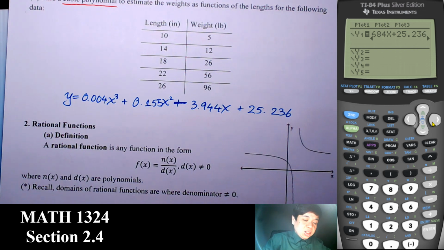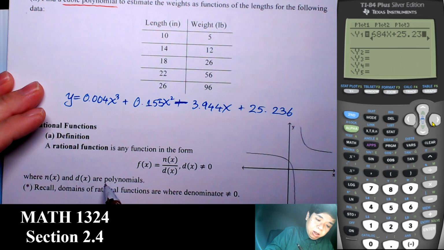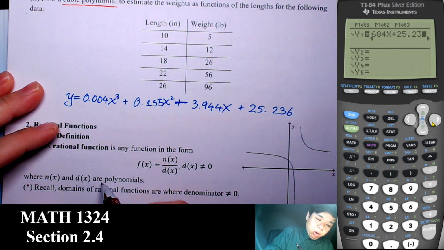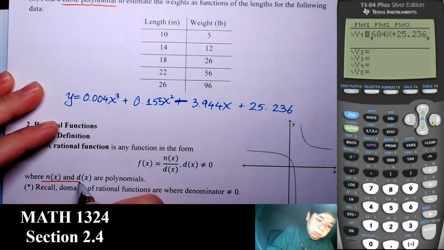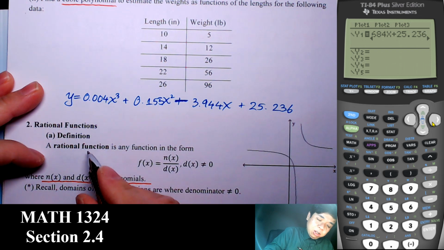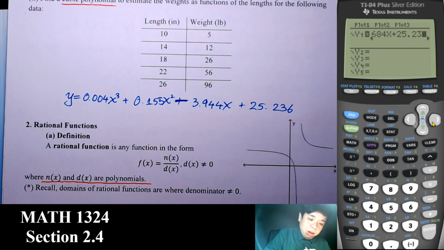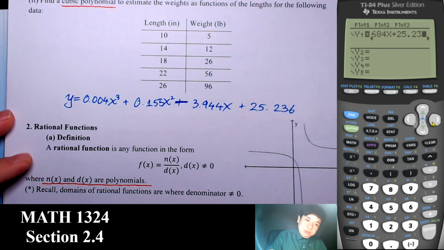The next section is rational functions. Rational function, the way we define it, is a ratio. So we have two polynomials and we divide them. So a rational function is the ratio of polynomials.